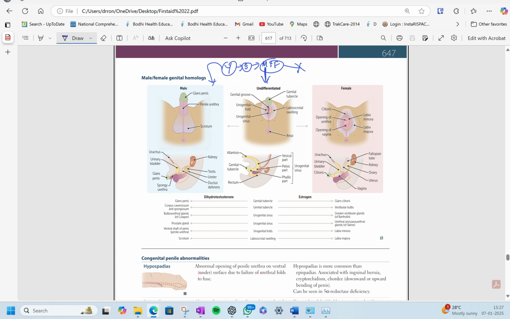Here in the genital tubercle, dihydrotestosterone forms the glans penis, prostate gland, and scrotum. Estrogen is responsible for female sexual characteristics, and here you have the urogenital sinus.